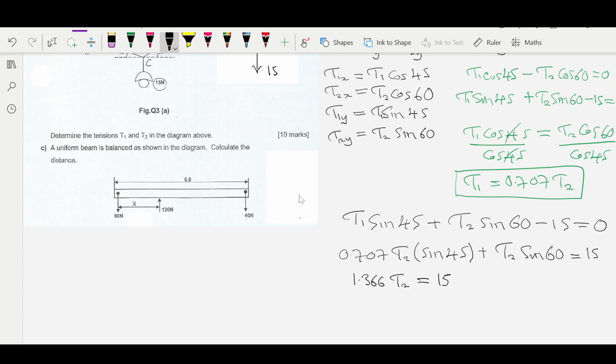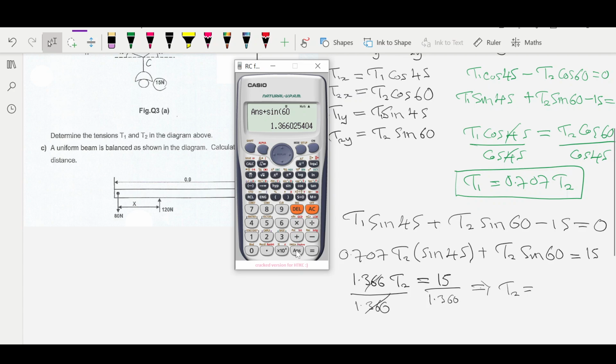Okay, and then divide 1.366 by 1.366, so this one and this one will cancel, and our T2 will equal 15 divided by 1.366.